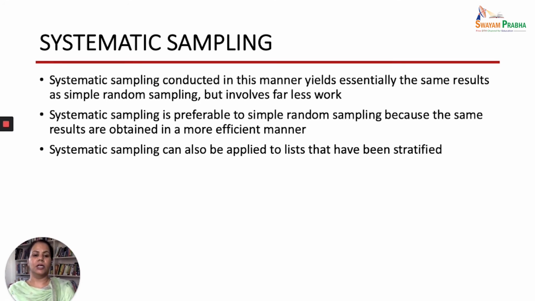But if it is stratified, it is better if we have a bigger population even in the strata. Then it will be better to go for systematic sampling. But if you have a small number of subjects in your stratified sampling frames, then it is better to go for simple random sampling.